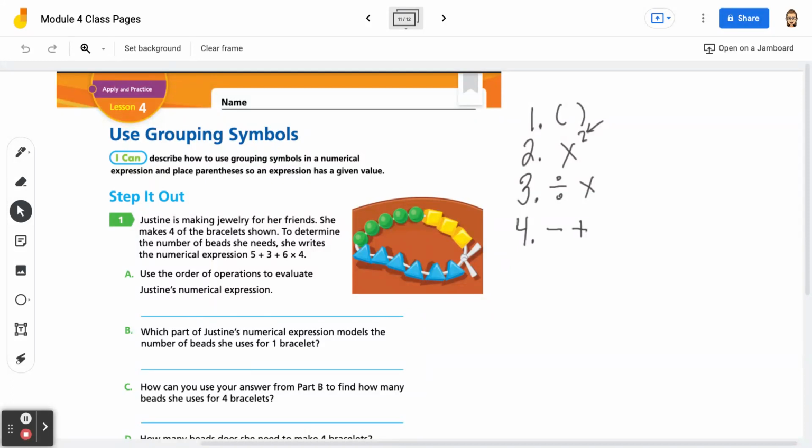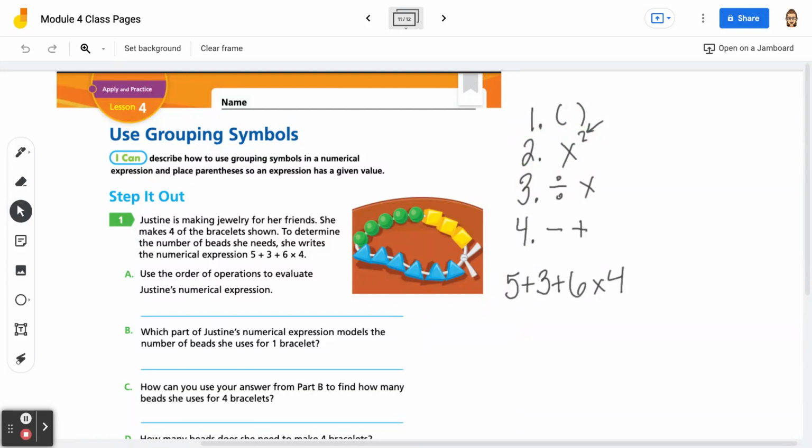So we're starting with the problem. 5 plus 3 plus 6 times 4. So we go through our steps. Are there any parentheses or any grouping symbols? No. Are there any exponents?